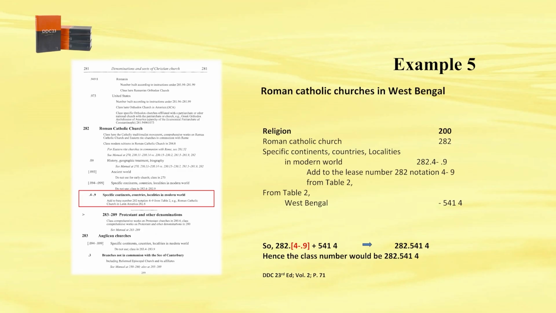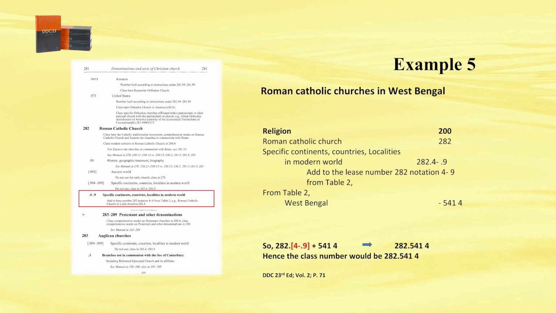282.4 to 282.9. There is an instruction that add to the base number 282 the notation 4 to 9 from Table 2. Okay, so the Roman Catholic Church, we have found the 282, and under 282.4 to 282.9 we have found an instruction where it allows us to add areas notation from Table 2. From there, we can find the number of West Bengal, that is 5414.